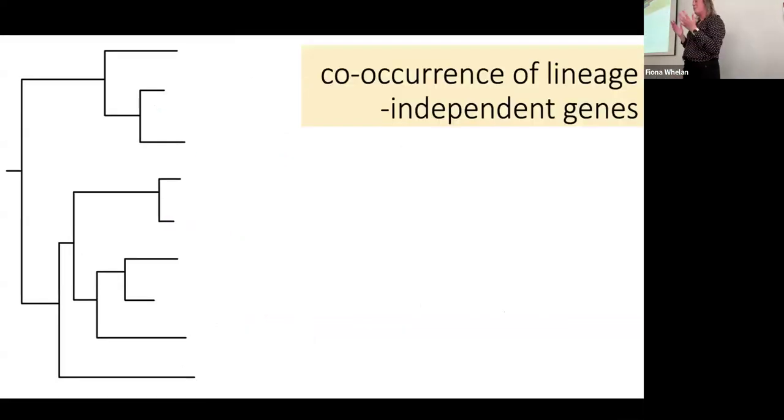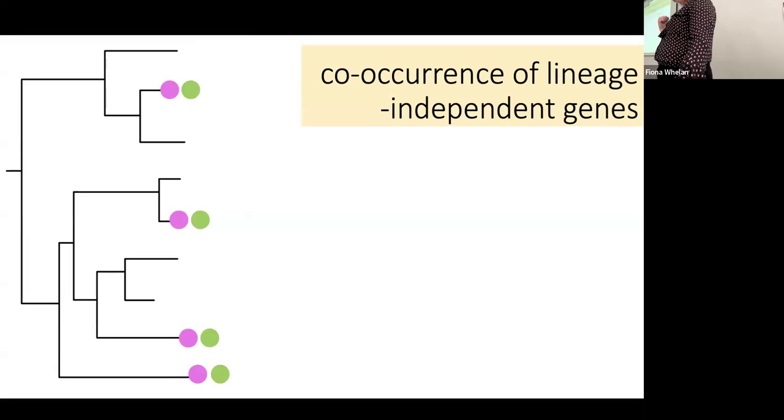So this is kind of embarrassing to show at a math-based seminar, but this was the basic algorithm of what we did. So we'd have, for example, that pink gene, a lineage independent gene present in some strains but not all. And we'd ask the question, when we compared it to other genes, if those two genes were present together more than we would expect by chance, okay?